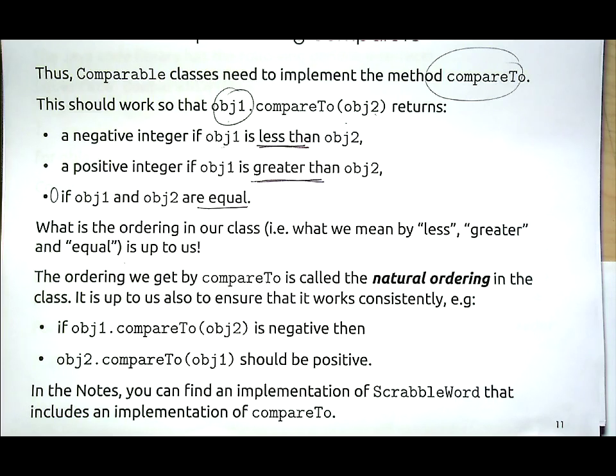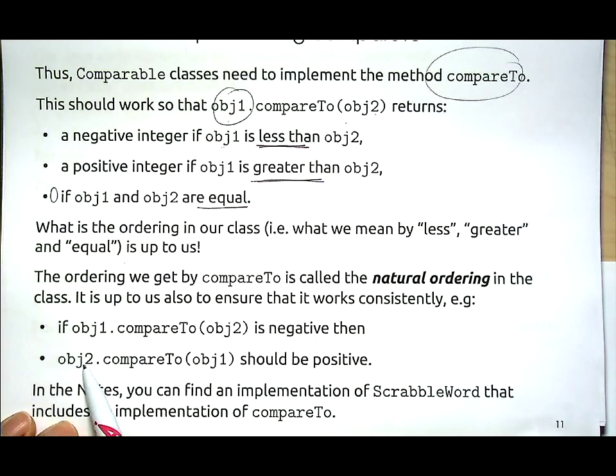You're the one defining the class, you know how you want your elements to be compared, so you should define the logic of how compareTo should work, so long as this logic is consistent. For instance, if object 1 compared to object 2 is negative, then object 2 compared to object 1 had better be positive, and so on. But it's up to you.